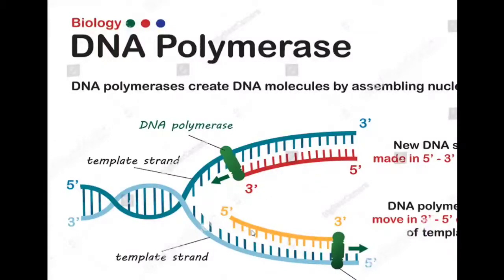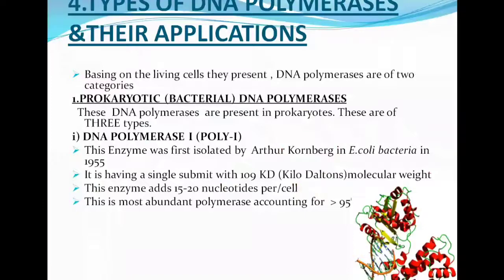The green colored one depicted is the DNA polymerase. It acts in this direction only, 5' to 3'. Where the replication fork starts, from there, the strand is called the lagging strand, whereas the second one is called the leading strand.